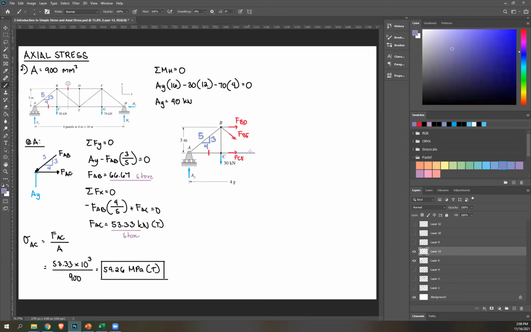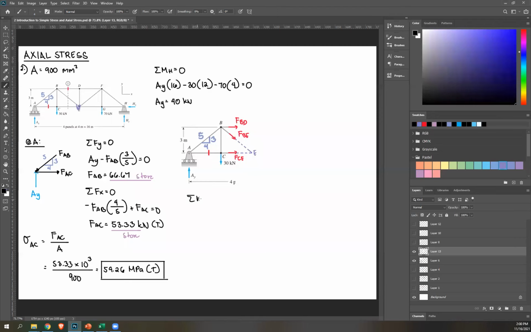You can use anything outside of that for your moment equation. So why E? Because as you can see at E, force BE and CE pass through that, so that means I can ignore those forces. Okay? So let's do that.